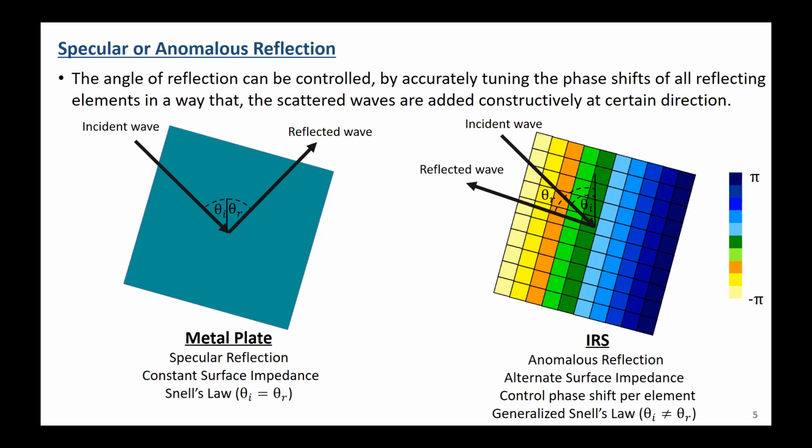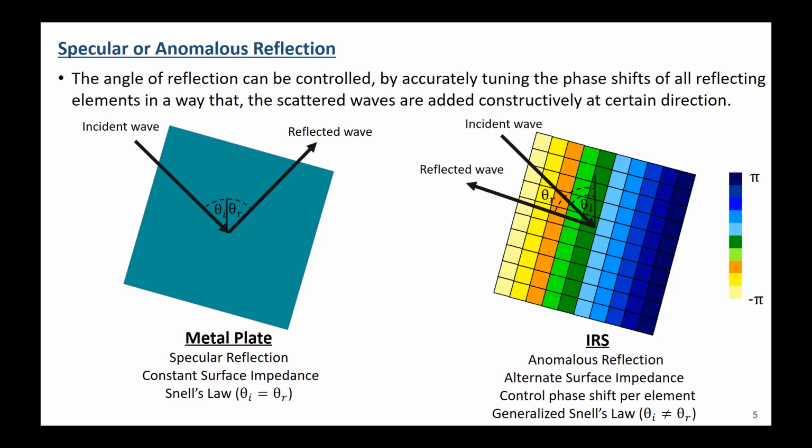This comes from the idea that you can alter the surface impedance, or the impedance of each element. So you can control the phase shift induced for each scattered wave in each element, and you can constructively combine all scattered waves in a certain direction. So you can change the angle of reflection to be different from the angle of incidence.